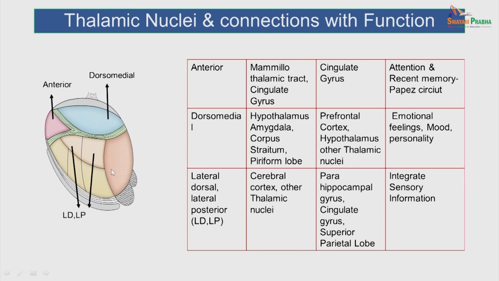Then we have the dorsal medial nuclear complex. The afferents are connected to the hypothalamus, the amygdaloid body, the corpus striatum and the piriform lobe, a part of which will be a part of the limbic system. Then the efferents are connected to the prefrontal cortex of the cerebral hemisphere, the hypothalamus and other thalamic nuclei.